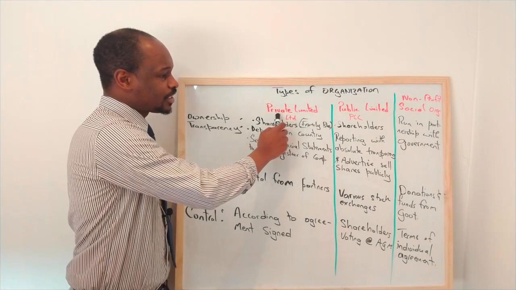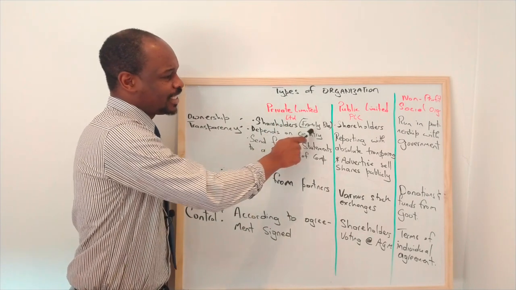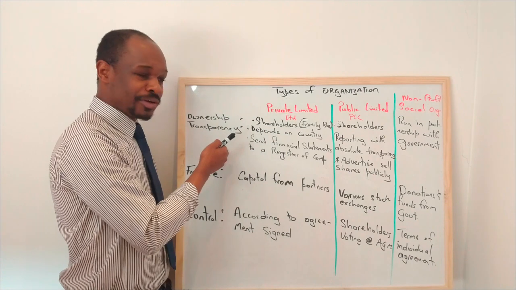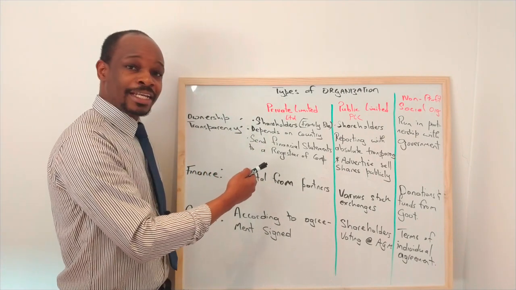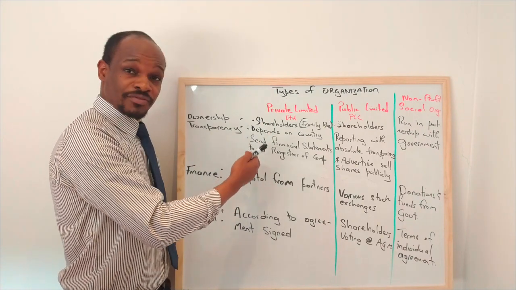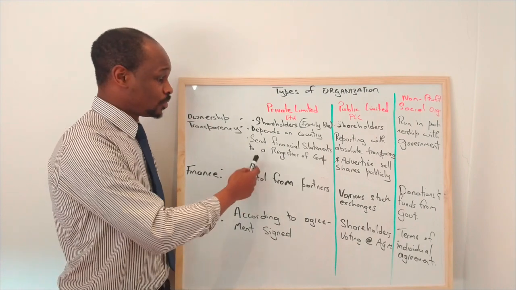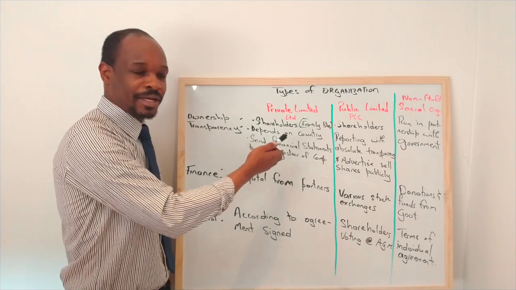In a private limited company, just remember private, it is normally linked to family businesses. In terms of transparency for private limited companies, this is dependent on the country. For most of these companies, they will have to send their financial statements to a registrar of companies. But again, this is country dependent.